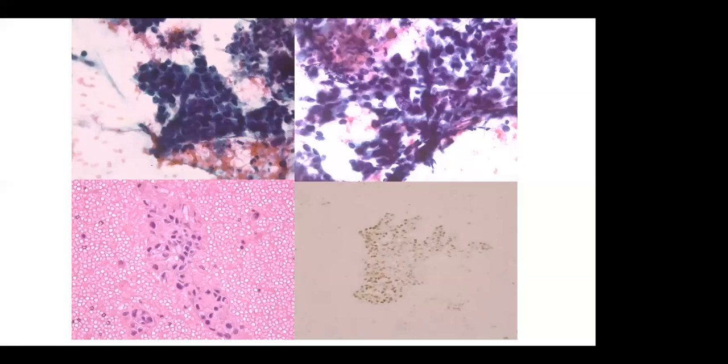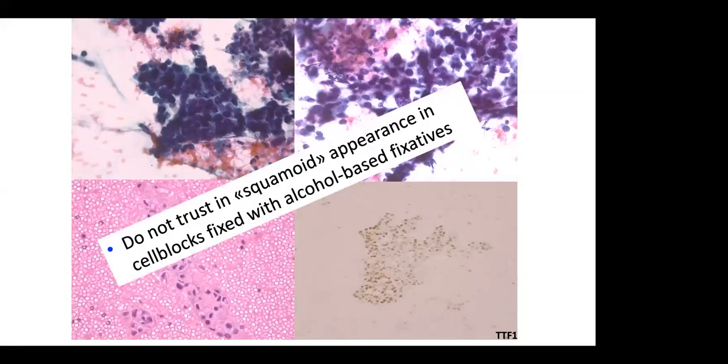But this is an adenocarcinoma. This is TTF1. So do not trust this squamoid appearance in cell blocks, especially if the cell blocks were fixed with alcohol-based fixatives. They give this squamoid aspect. So don't trust it; use immunohistochemistry if there is no clear differentiation.